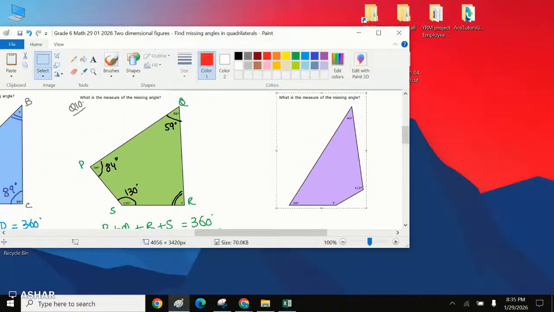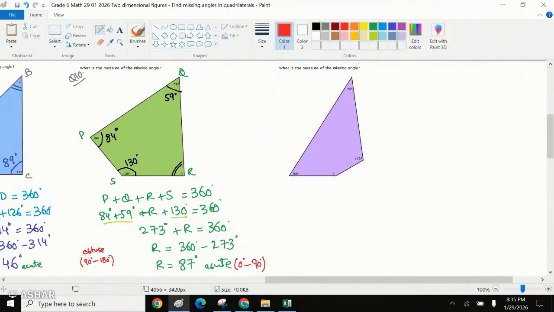After this, we will do some questions from the test. Let's do this last question. This was 58. This is 40. This is 112. And this is the missing angle.